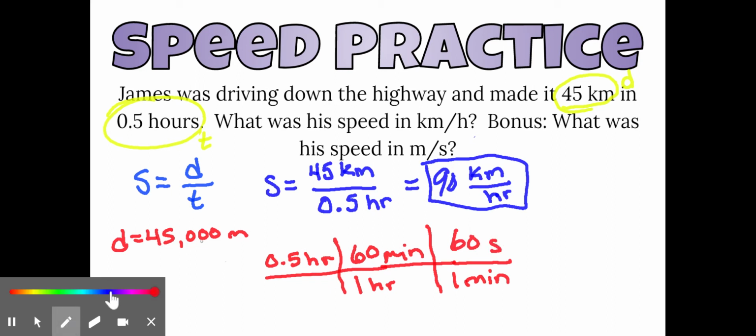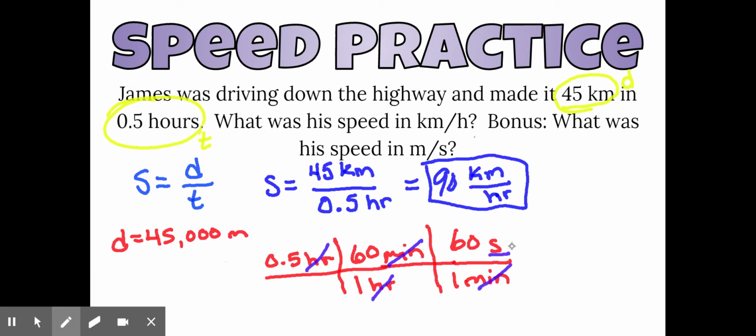We're able to cancel our units using dimensional analysis, and we're left with seconds, which is the unit we want at the end. So we take all the things on top, we multiply them together, and we divide by the things on bottom. So 60 times 60 times 0.5, and our unit's going to be in seconds.